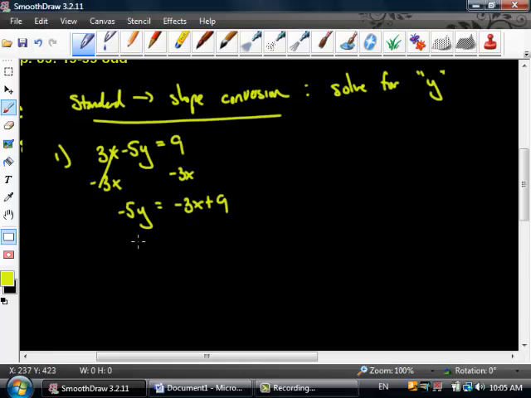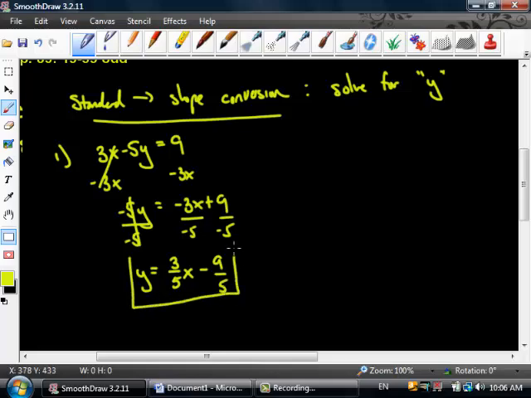The reason why I put this on your pop quiz is because from here I'm going to divide by negative 5. Now, if you took the makeup pop quiz, if you divided the whole thing by negative 5, that's fine. In this case, because there are two terms, I want you to separate your negative 5 out, because you're dividing everything by negative 5, so it should be y equals negative 3 divided by negative 5 should be positive 3 over 5x. Positive 9 divided by negative 5 should be minus 9 over 5. Raise your hands if you were able to beat me to this form.